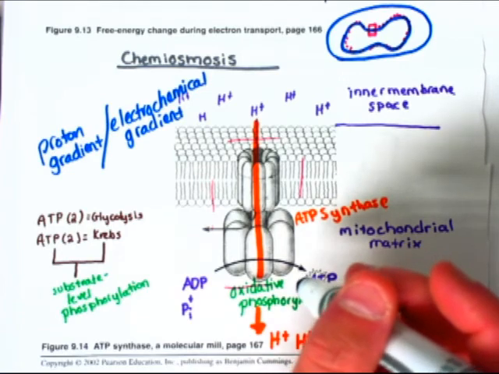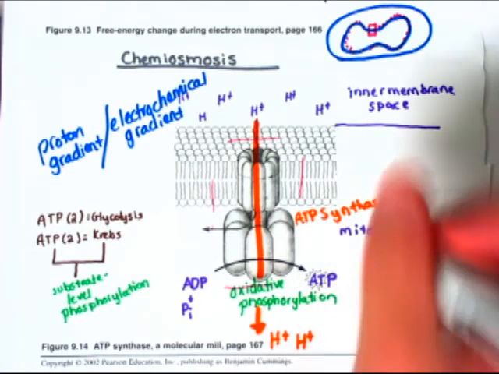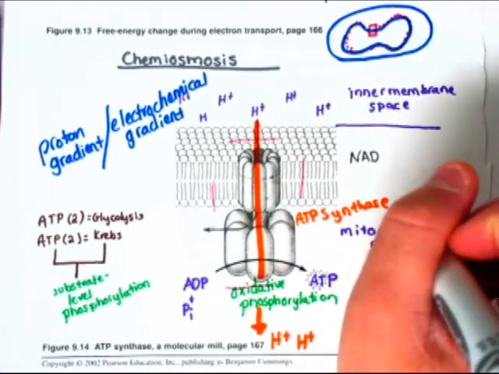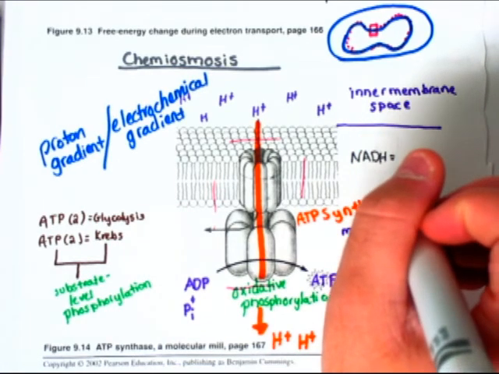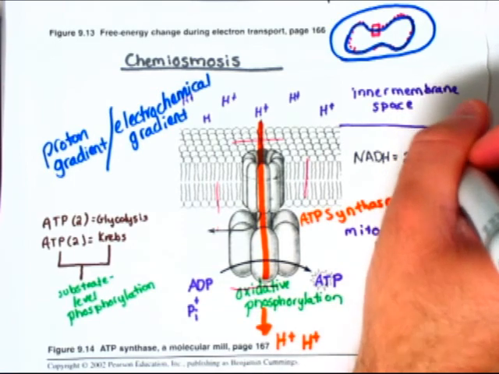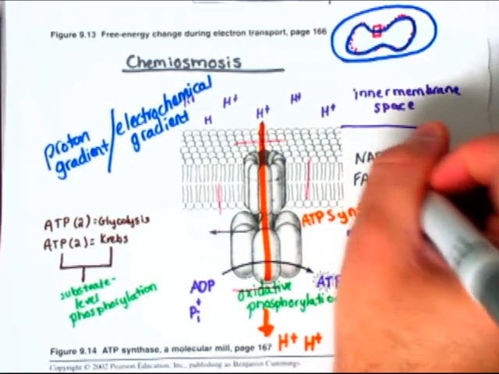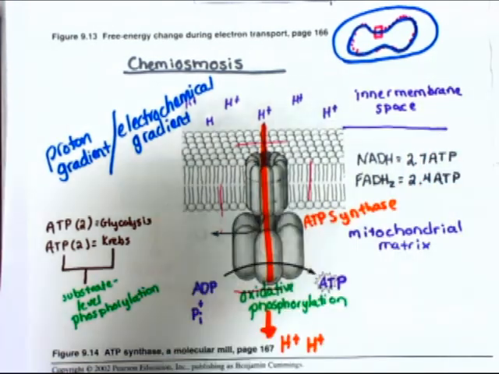It doesn't turn a whole number of times for each NADH. It's like for each NADH, and I'm going to be a little off here, and it's honestly different for each person, but each NADH causes like about 2.7 turns, which means you can make about 2.7 ATP. And each FADH2 that's broken down can cause like a 2.4 ATP, something along those lines.